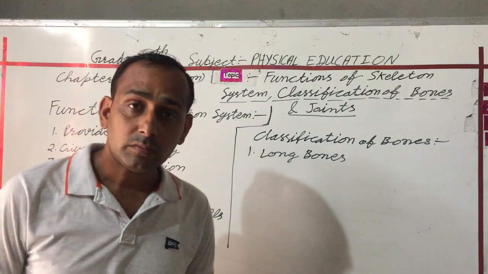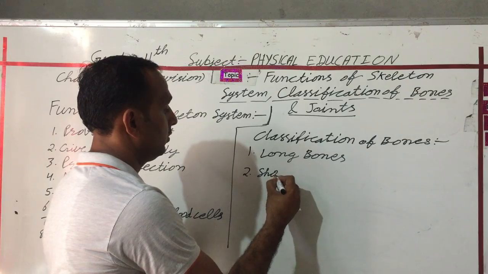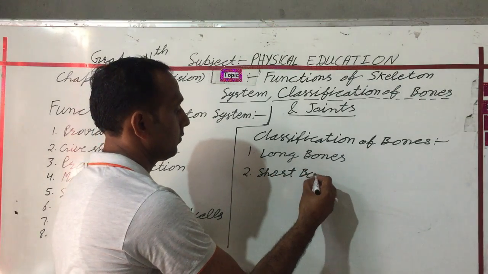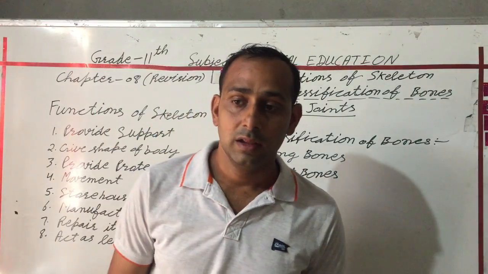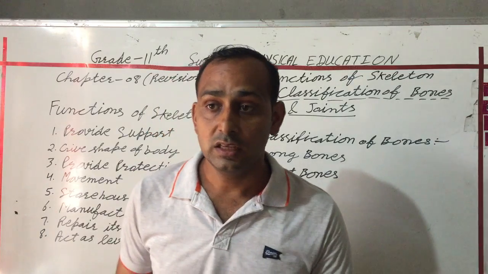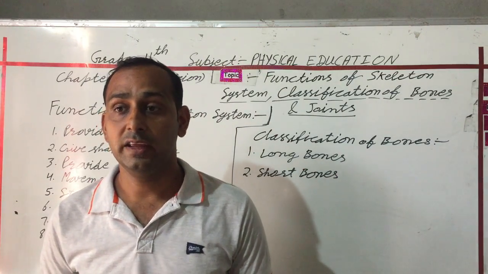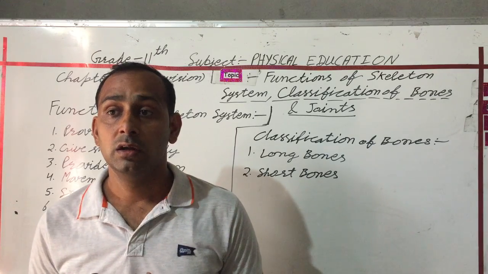Long bones are especially in our legs and arms. The second type is short bones. These bones are short in length, hence they are called short bones.